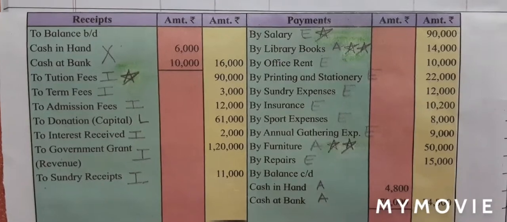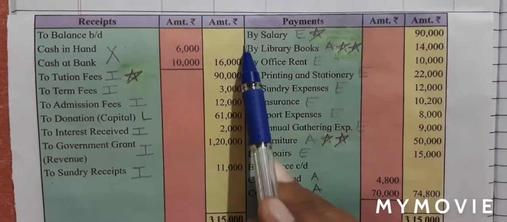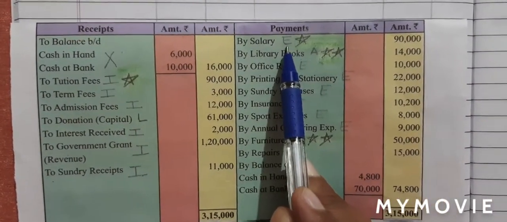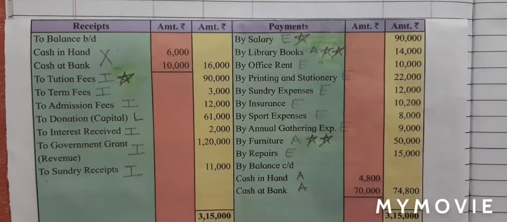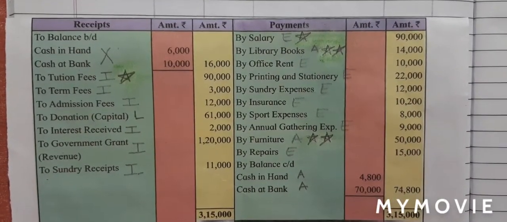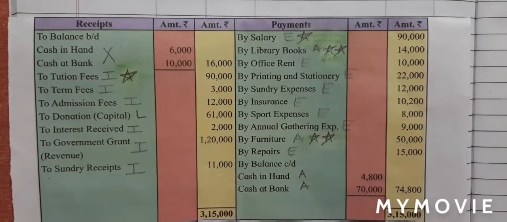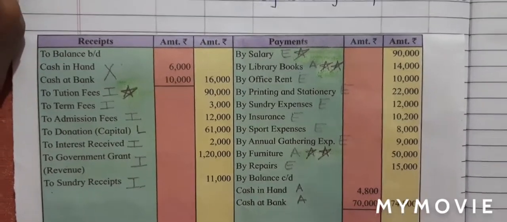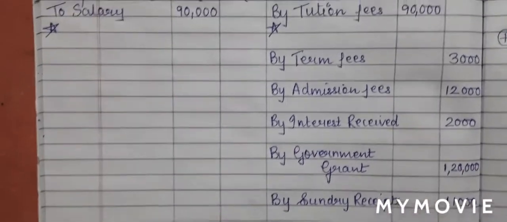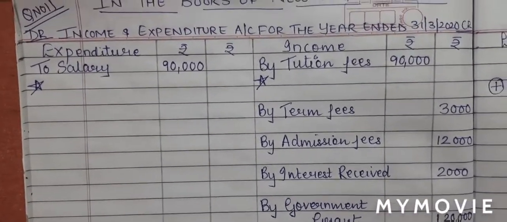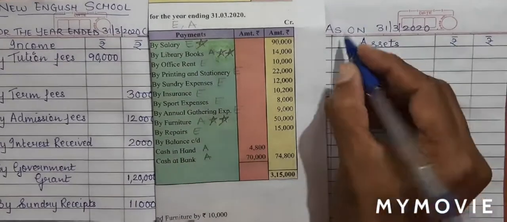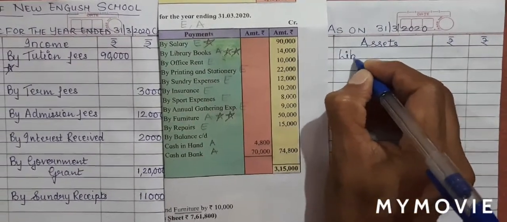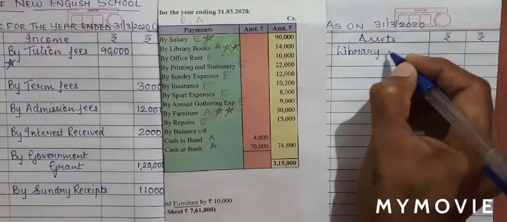We will now begin from the payment side. So we have salary. On the expense side, I'll write, there is a star, so I'll write it in the inner column. So on the expenditure side, I will write to salary 90,000 and I'll mark a star. Next is library books. So on the asset side, I'll write library books.